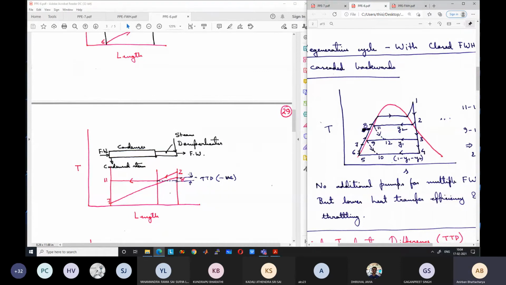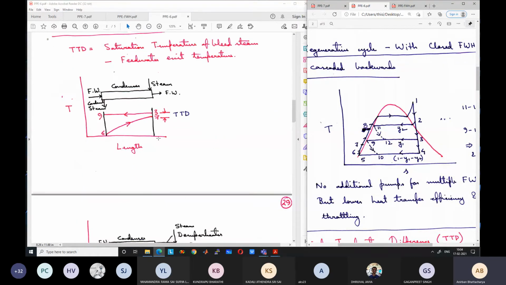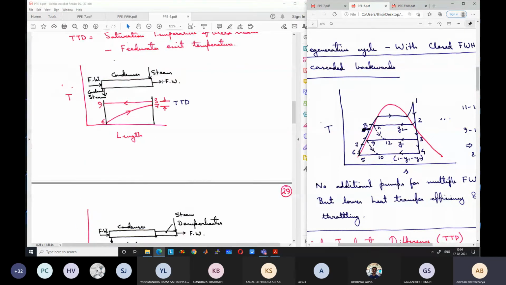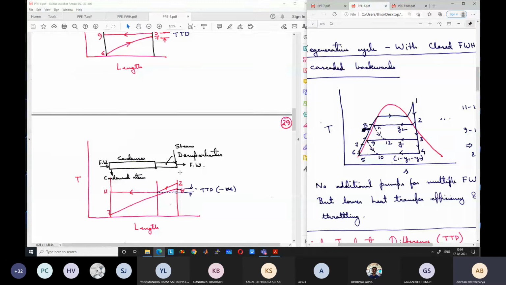Is it clear to everyone? These are there in the notes. You can read through it. But this should be clear: the path of the steam and the path of the liquid water, because I have drawn it in a very elaborate manner. So the steam comes from superheated state to saturated vapor state, from 2 to 2 dash is this path.